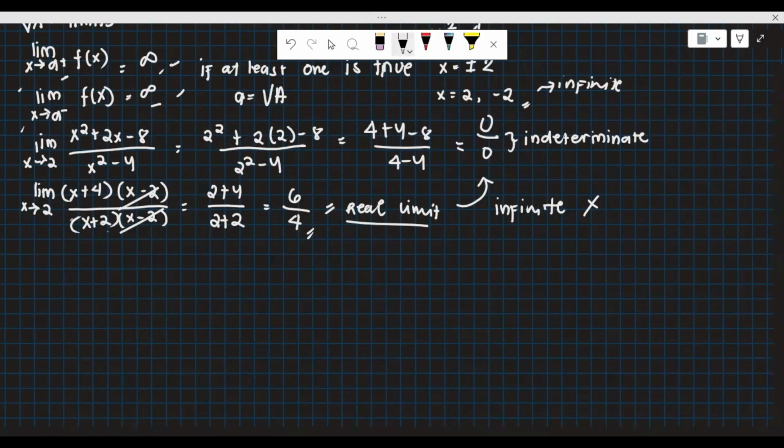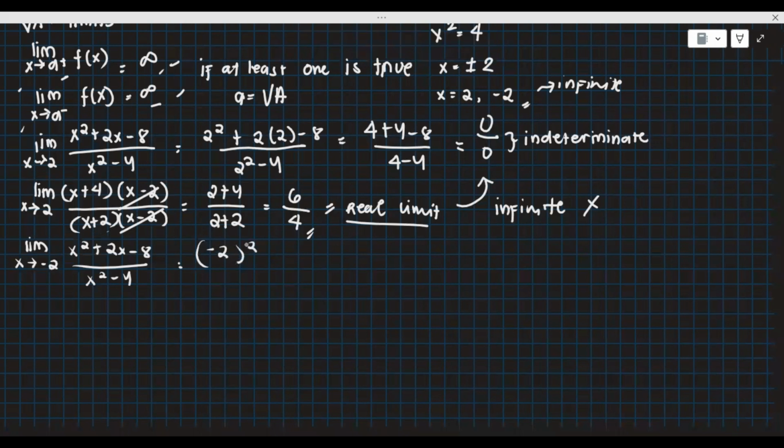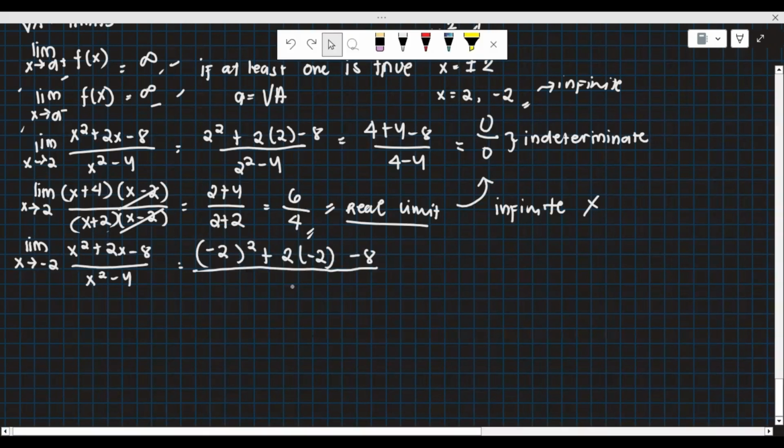Now let's see if it's a vertical asymptote if x is equal to negative 2. So again, we just substitute it into our function. That would be negative 2 squared plus 2 times negative 2 minus 8, over negative 2 squared minus 4. So that would be 4 minus 4 minus 8 over 4 minus 4.